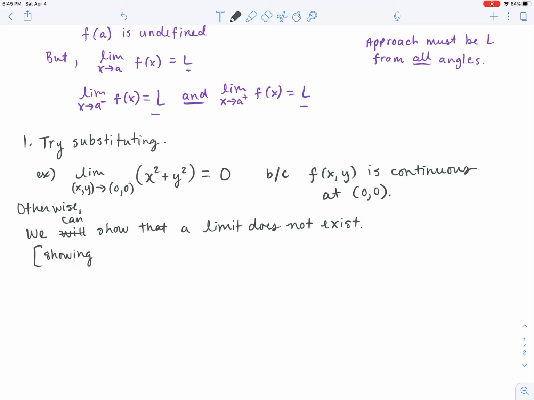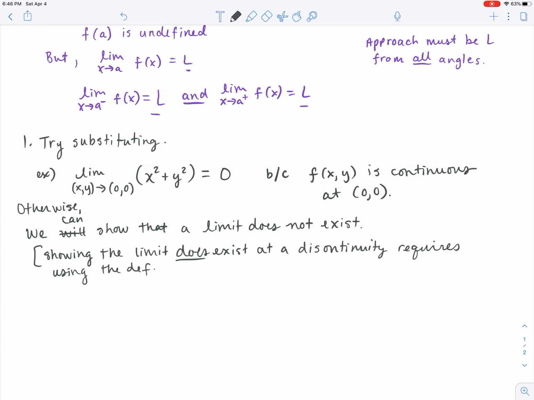Showing the limit does exist at a discontinuity requires using the definition, and that's out of the scope of this class.